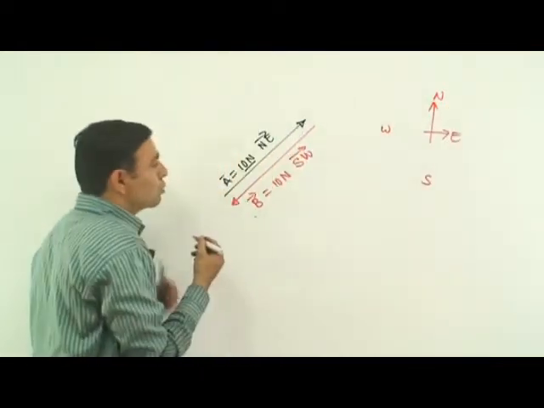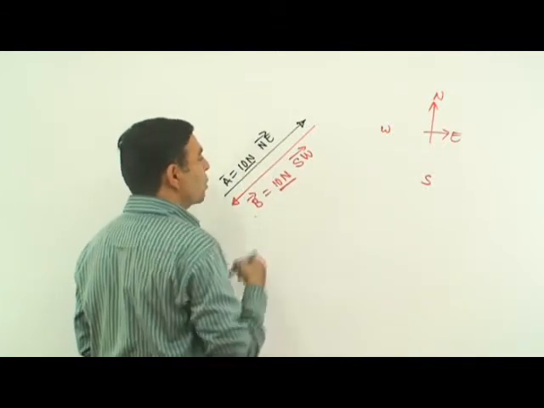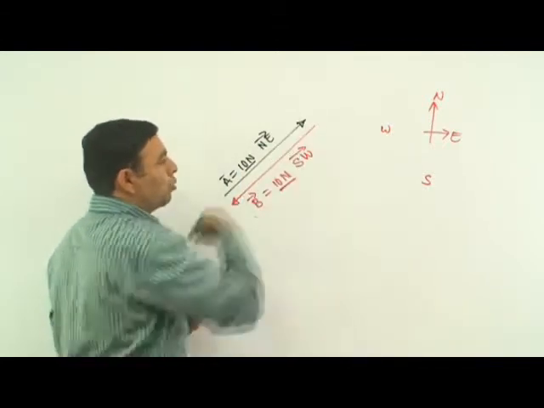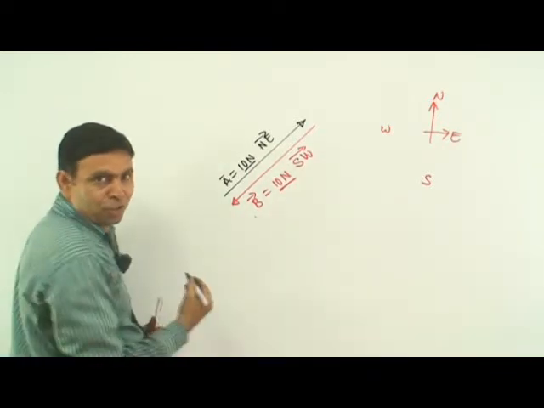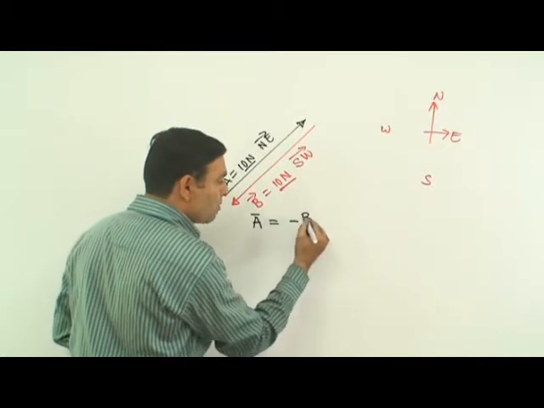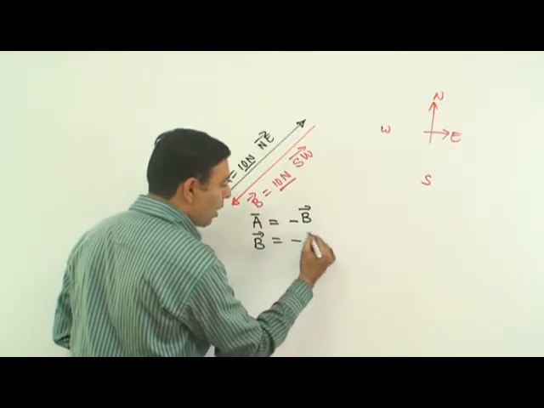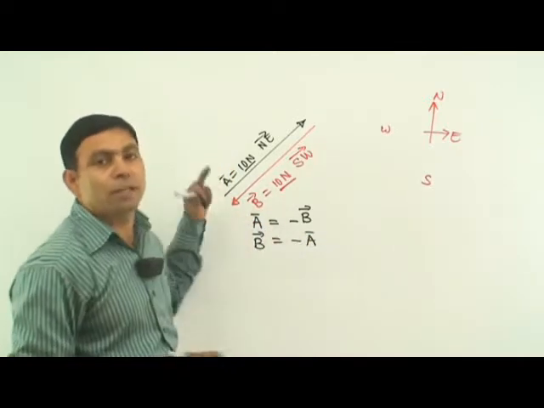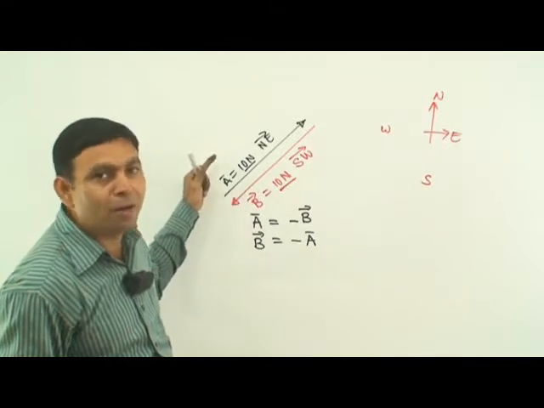Fine. So this vector B and vector A, they do have the same magnitude of 10 Newton each, but their directions are opposite. Such vectors are known as negative vectors of each other. So vector A can be written as minus B, or vector B can be written as minus A. Okay? So two vectors are said to be negative vectors of each other if they have same magnitude and opposite direction.